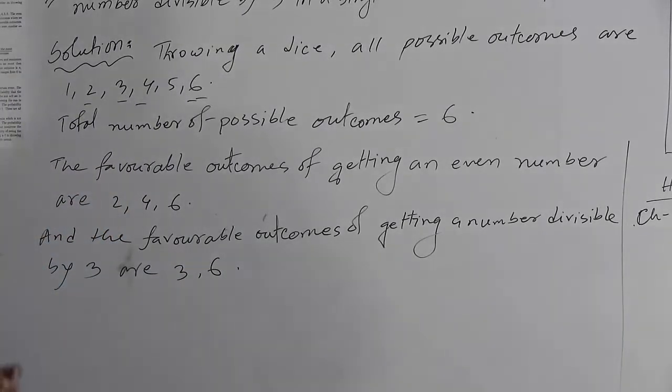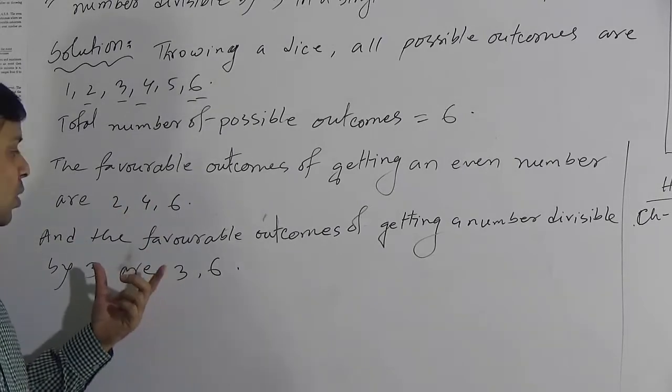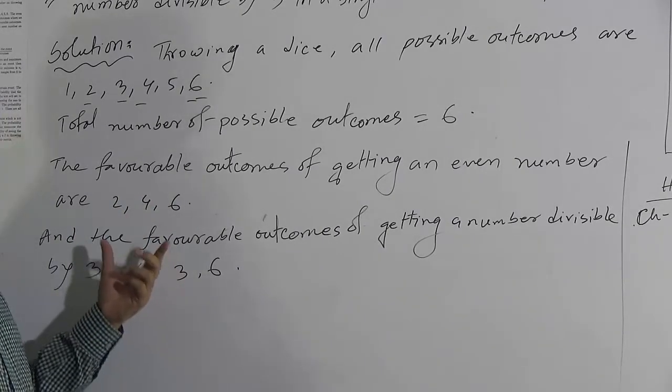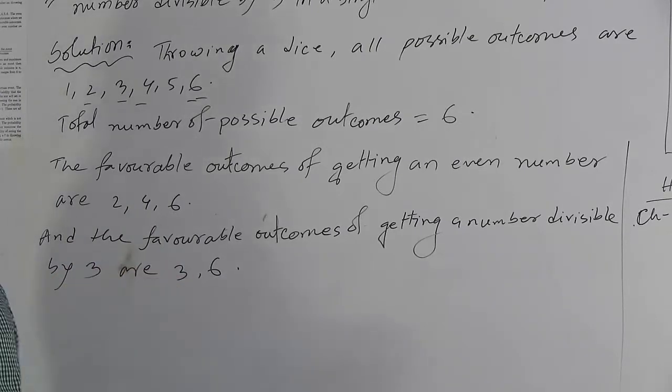So if we want to get an even number or a number divisible by 3, which outcomes will be favorable?